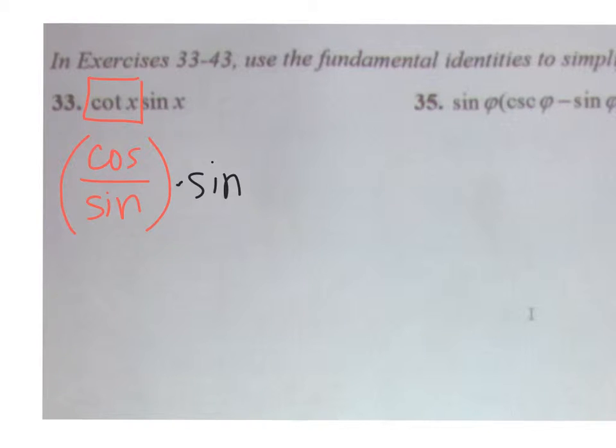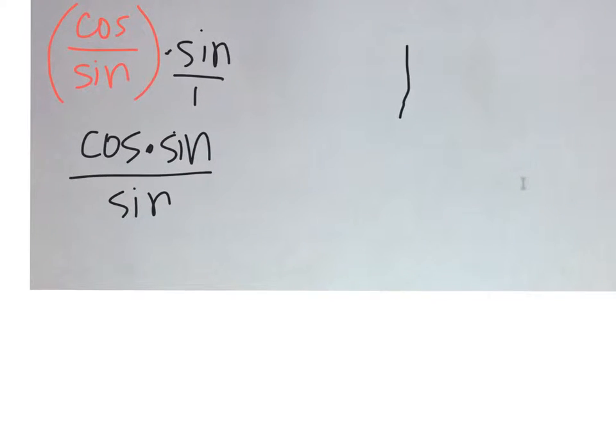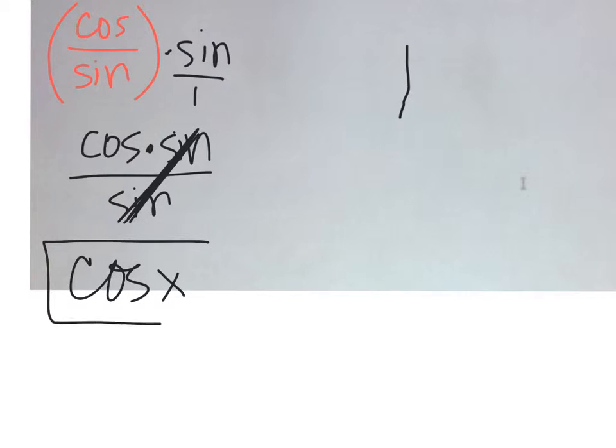Since we have a fraction times a number, I'm going to make that into a fraction. And multiplying these things together gives me the cosine times the sine over the sine. And anything divided by itself is 1. So that just simplifies down to just being the cosine.